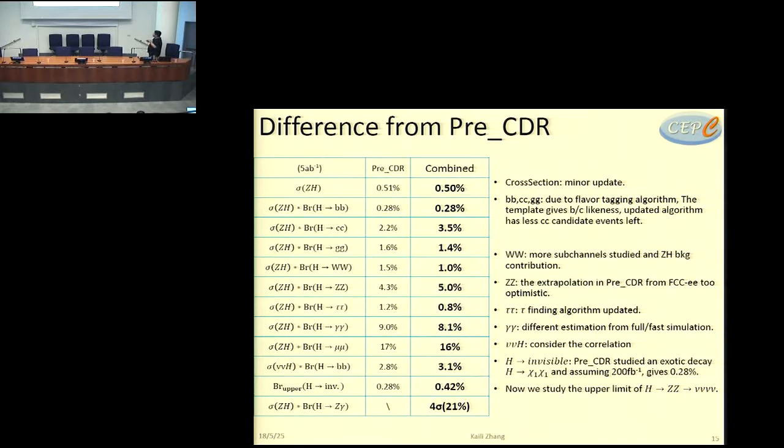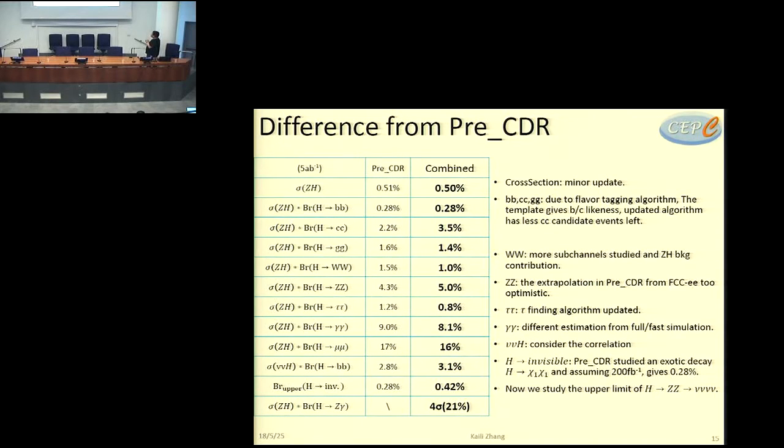And for the Higgs to diphoton channel, there is a difference due to the different estimation from the full simulation sample and the fast simulation sample. And for the WW fusion process, the current number, 3.1%, already considers the correlation of the WW fusion process and the ZH process.